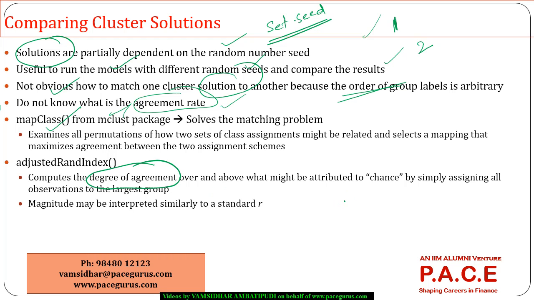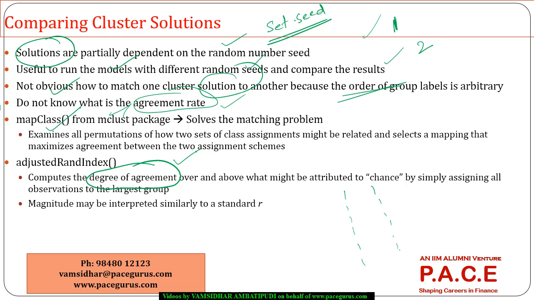If it has given all the observations to the largest group versus the cluster solution, it sees by how much your degree of allocation is above a random allocation to the groups, which is similar to the R correlation value that you are getting.